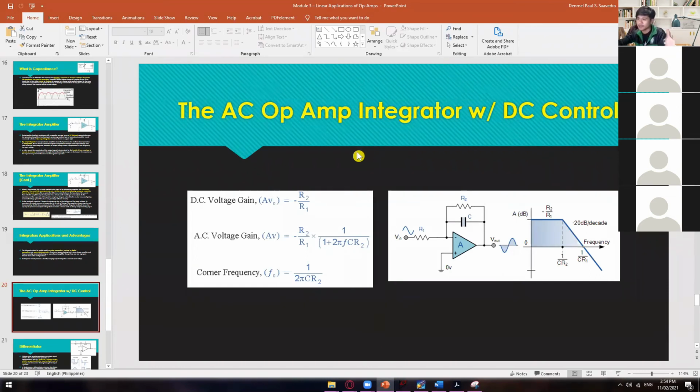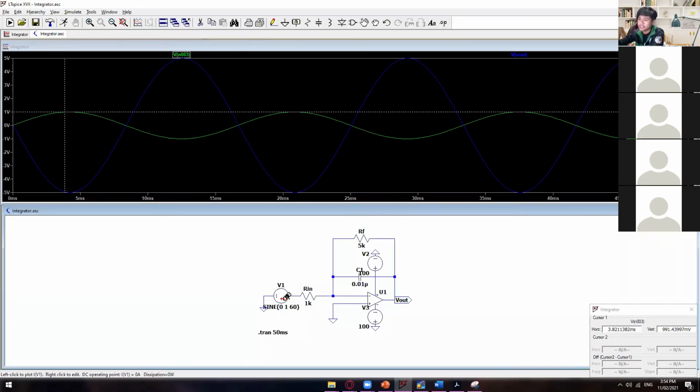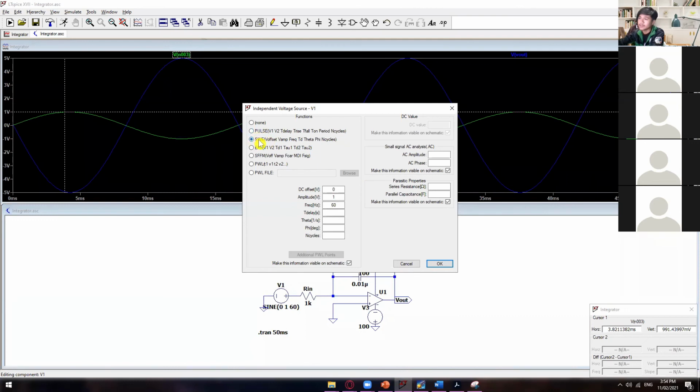That is another concept. So I would like you guys to find a circuit, or you can use this one instead, and just change the source into pulse. If you want to get a square wave or a triangular wave, I would like you guys to make an experiment on this one.